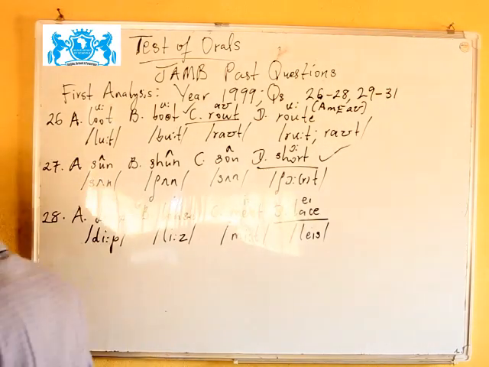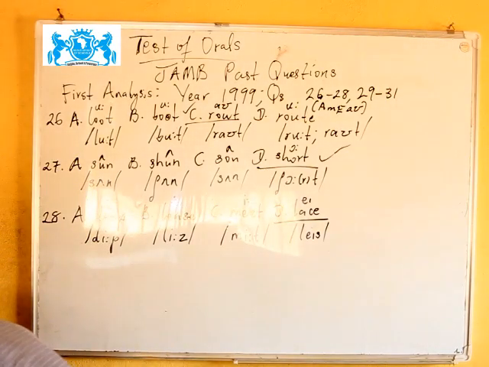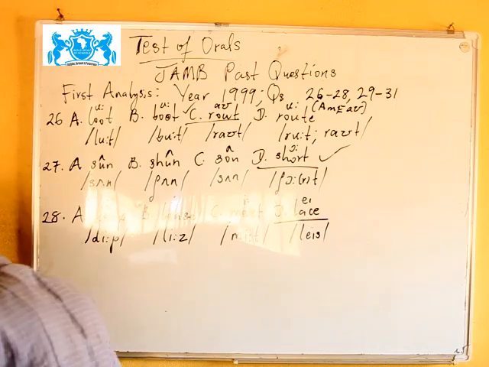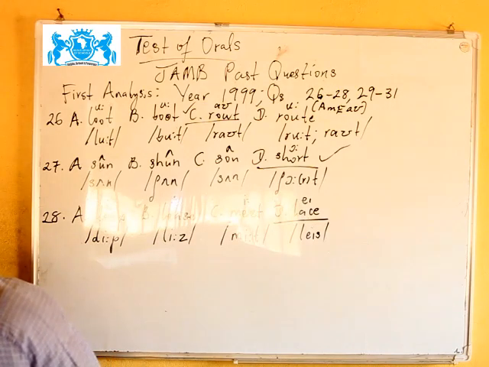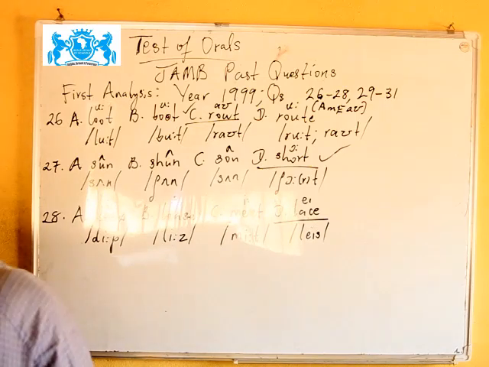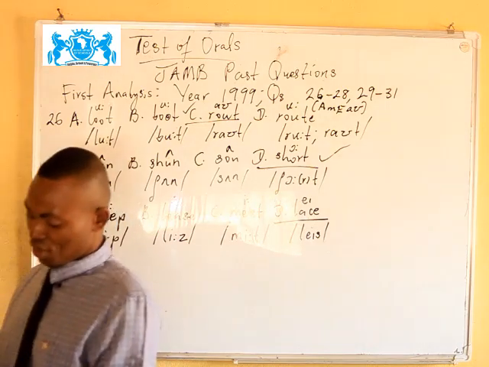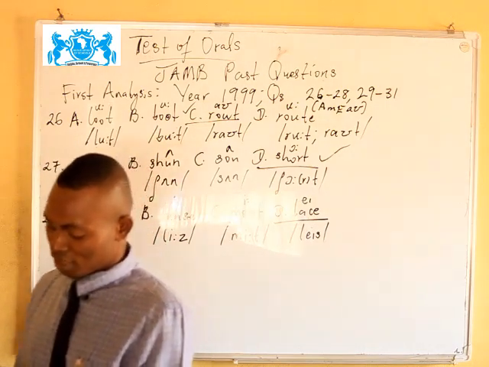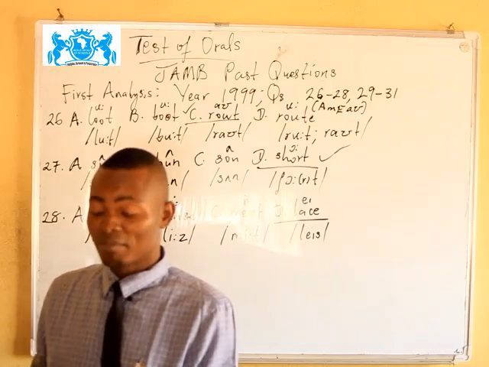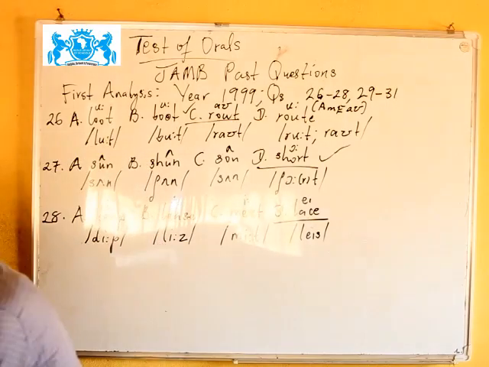Okay, number 29 is a different kind of question or pattern of question. It says, in each of questions 29 to 31, choose from the options the word that has the same vowel sound as the one represented by the letters underlined.